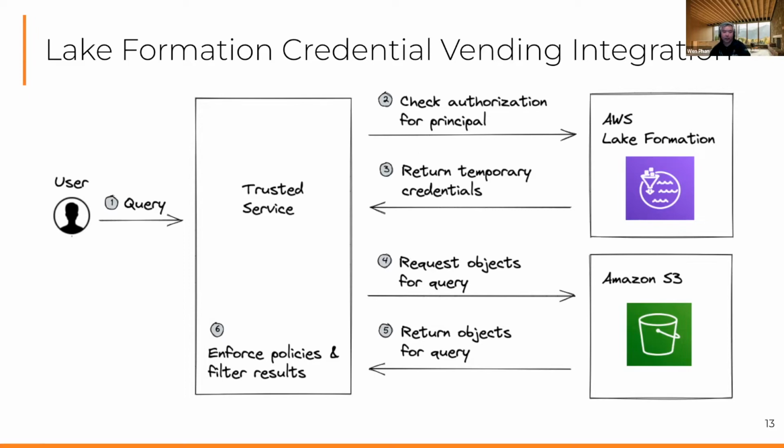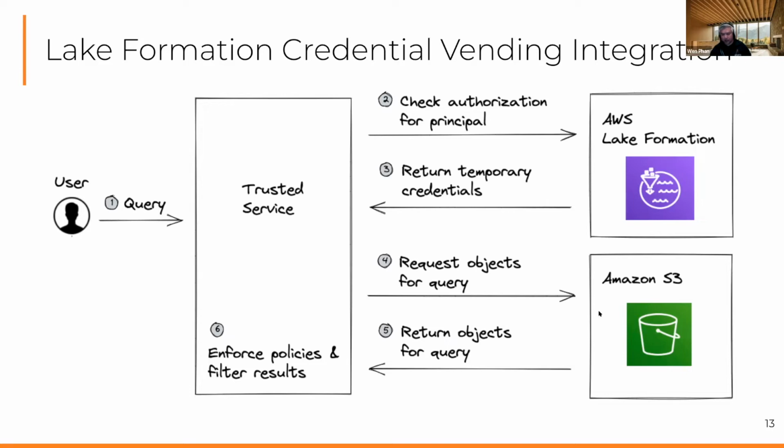I would check in Lake Formation, do you have that? If you have that, then I would get back the policies. I would say, okay, what does this user have access to? I would verify it against the query that's made. I'm also given from the API temporary credentials. So if I need to get objects from S3, if I'm going to work with data, I have to use those temporary credentials to make the requests on the underlying data itself.